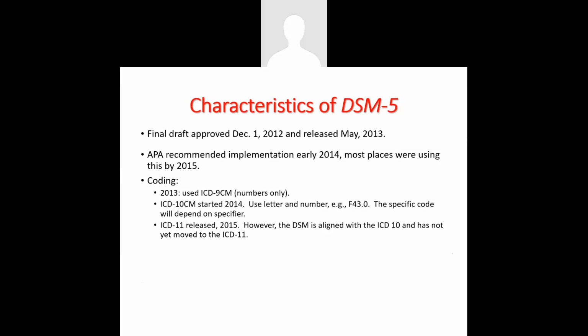We're still really looking at the ICD-10 using the letter and the number. The specific code is going to depend on the specifier. We're going to notice lots and lots of specifiers in these diagnoses. The ICD-11 was released way back in 2015, but the DSM is still aligned with the 10. We haven't yet seen that switch over to the ICD-11.